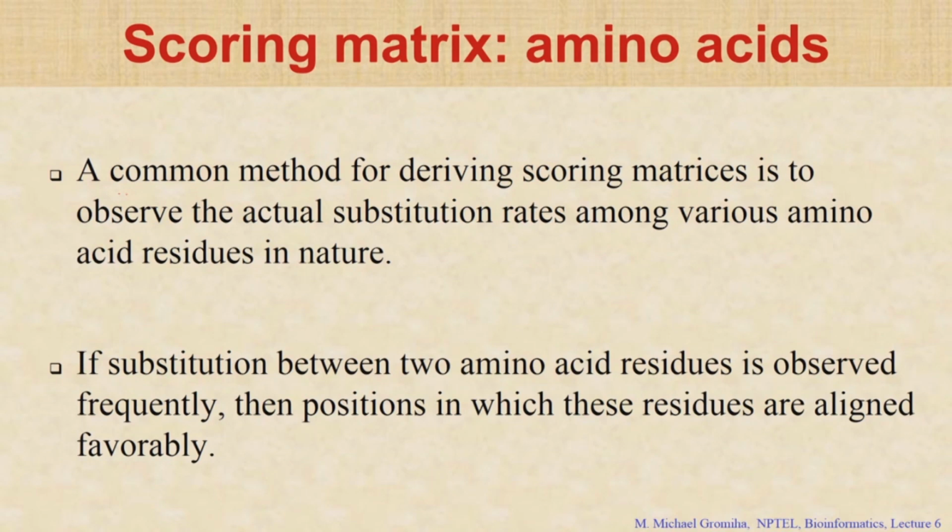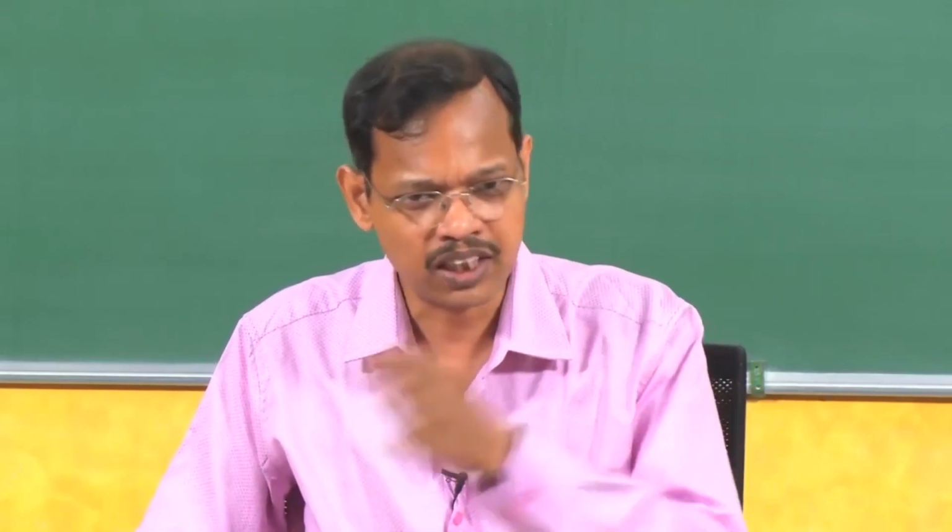So, you can align with the hydrophobicity, the size, the charge, or the number of changes in the codon. But the common method to derive the scoring matrices is to check the actual substitution rates. For example, take the hemoglobin sequences I showed, align them, and see the actual rate: how many times alanine is mutated to valine, how many times alanine is mutated to aspartic acid.